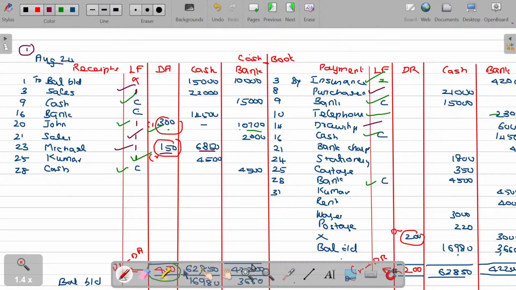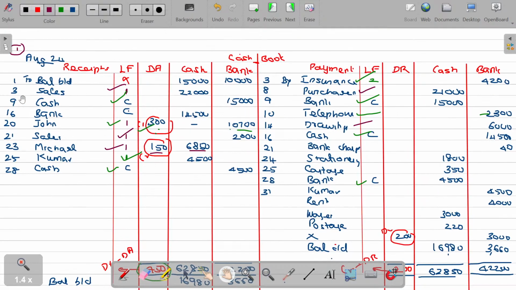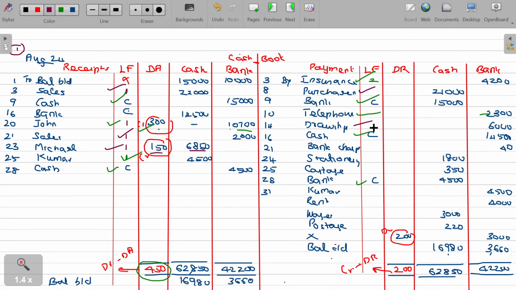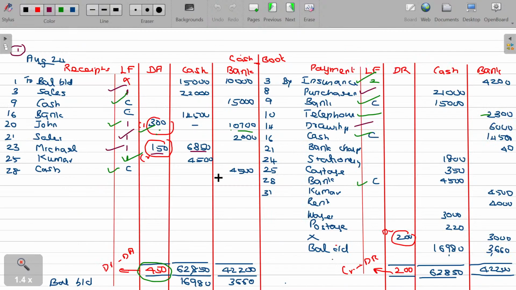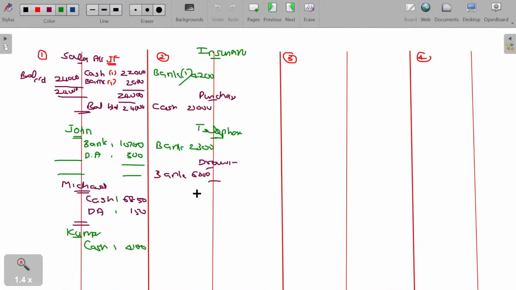6,000 rupees drawings. Here credit means in drawings it should be debit. Debit side, bank 6,000 rupees. Next one is contra, no entry, and let's go for the bank charges.